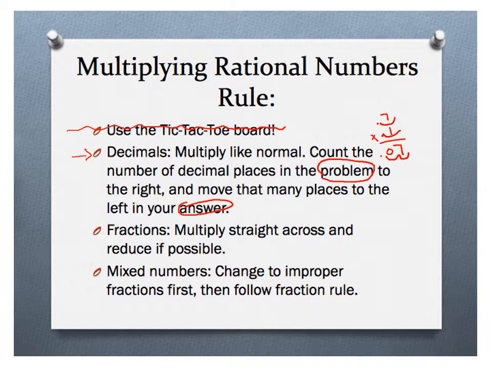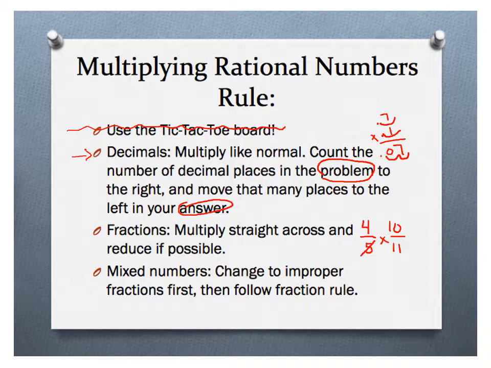If you're doing fractions, multiply straight across and reduce if possible. So if you have something like 4 over 5 times 10 over 11, you could multiply straight across. You can also reduce first.